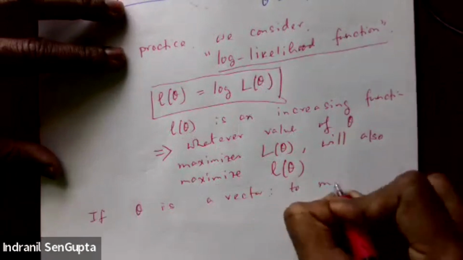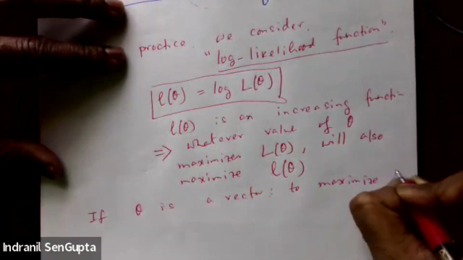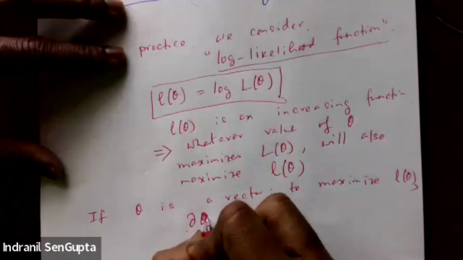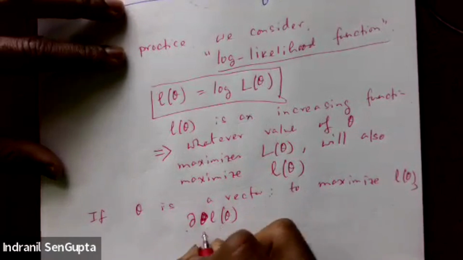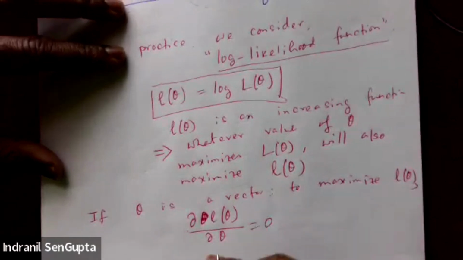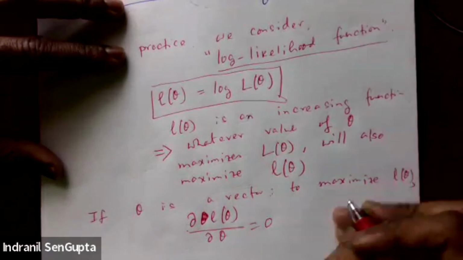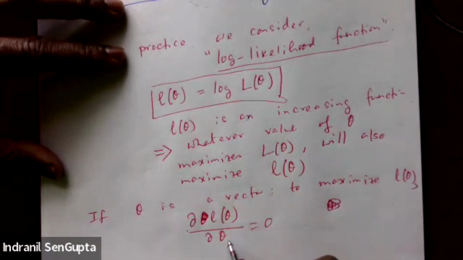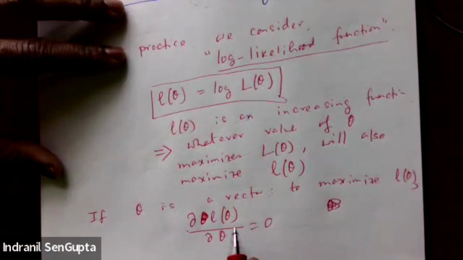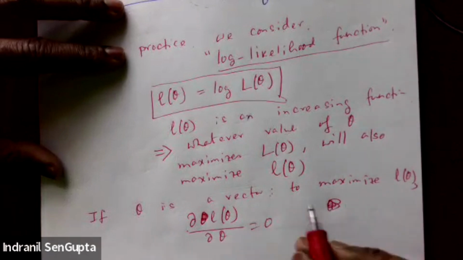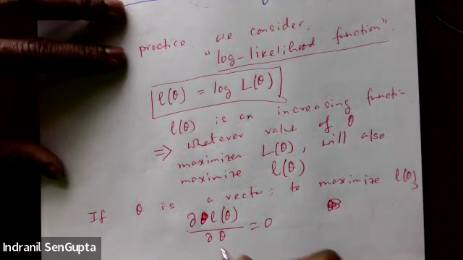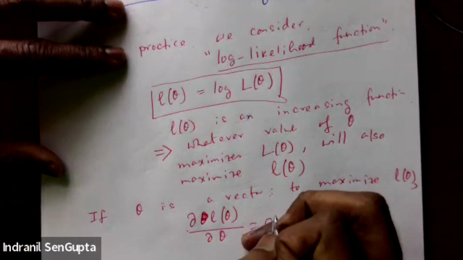To maximize this l theta, we compute the partial derivative of l theta with respect to theta and equate that to 0. Why this partial notation? Remember that theta can be a vector, so theta has different components. You differentiate with respect to every component and set that equal to 0. Whatever you solve from this equation, you get the value of theta, the estimate.